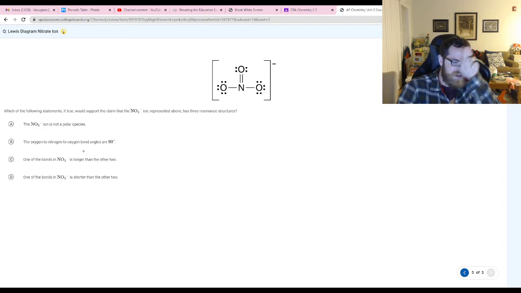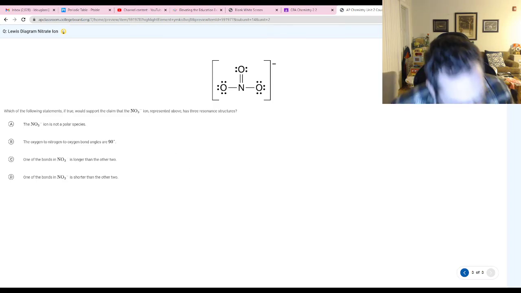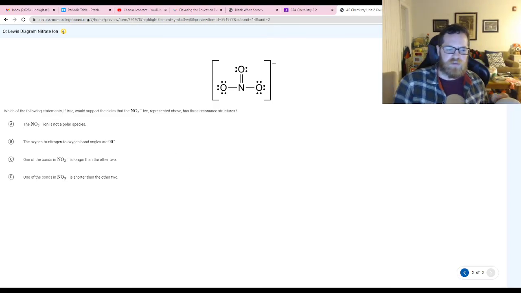The oxygen to nitrogen to oxygen bond angles are 90 degrees. This is not true, and you actually would need to know VSEPR for this, so I apologize, this is a little early, but you can just think of it common sense-wise. Why would they be 90 degrees apart, right? If anything, they should be evenly spread out at around 120 degrees. And finally, you might not know about the other one.